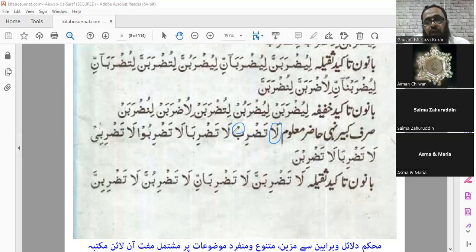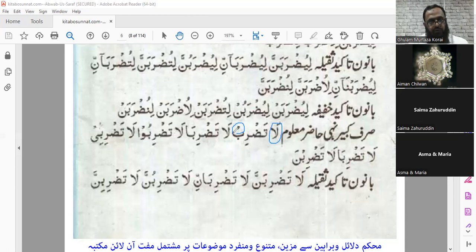From Tadribu, La Tadrib. Tadribani, La Tadriba, the noon is dropped. Tadribuna, La Tadribu. Tadribina, La Tadribi. Tadribani, La Tadriba. And Tadribna, La Tadribna, because the noon of Jama Muannas Hadir is not dropped.